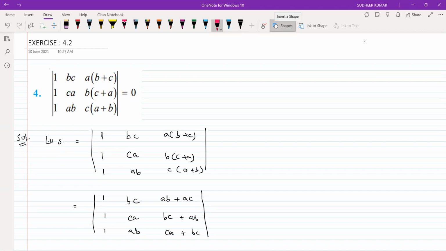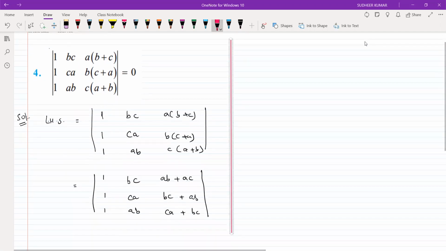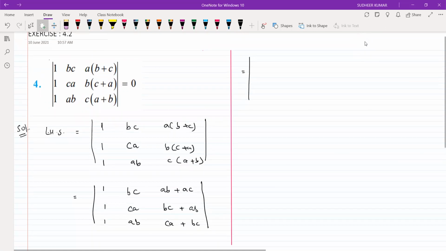Then what do we get next? So that can be written as, here we should add these as you said. So we are going to apply this operation, applying C3 changed as C3 plus C2.